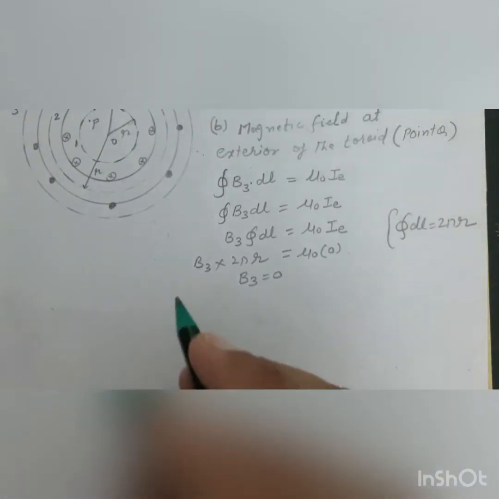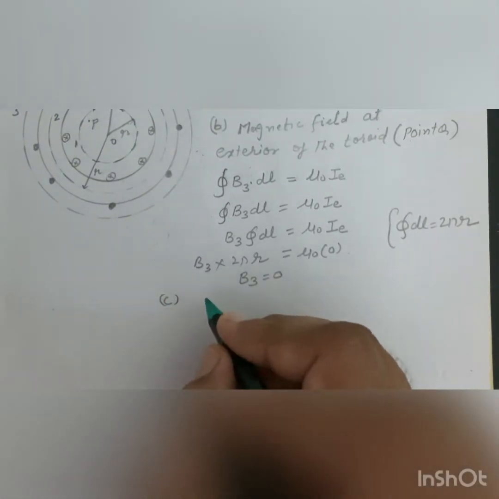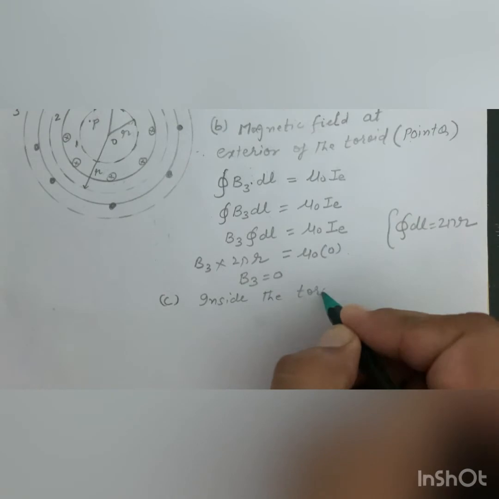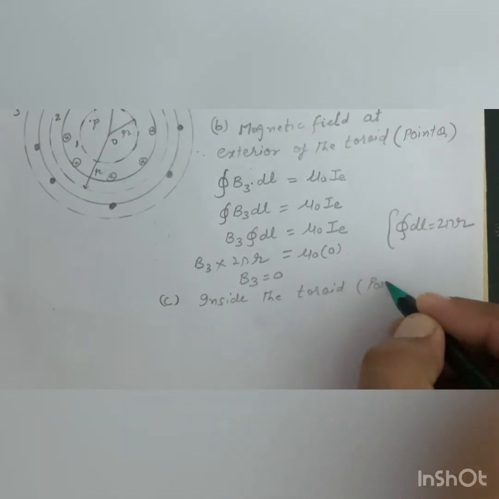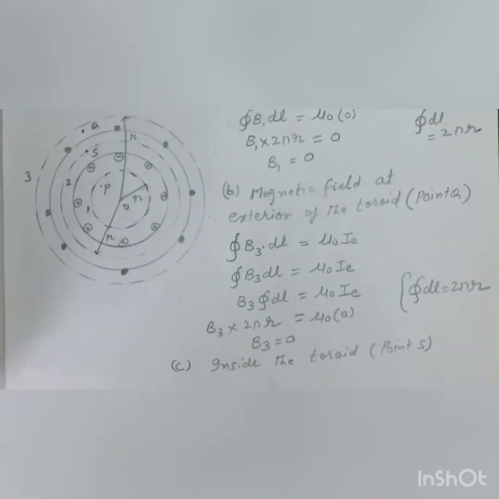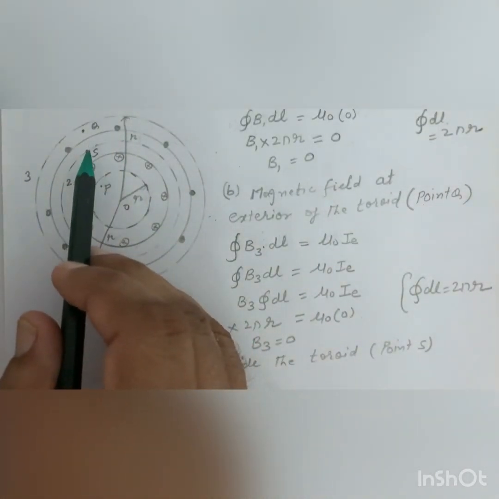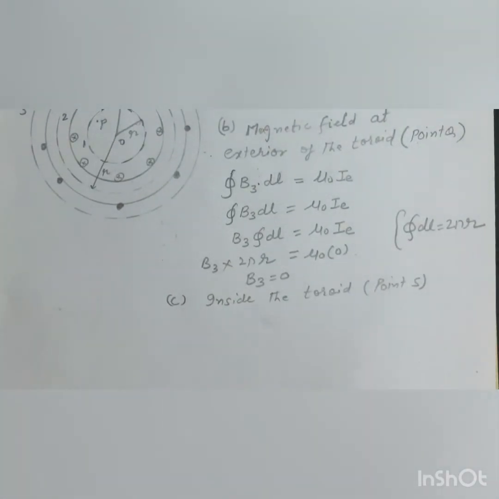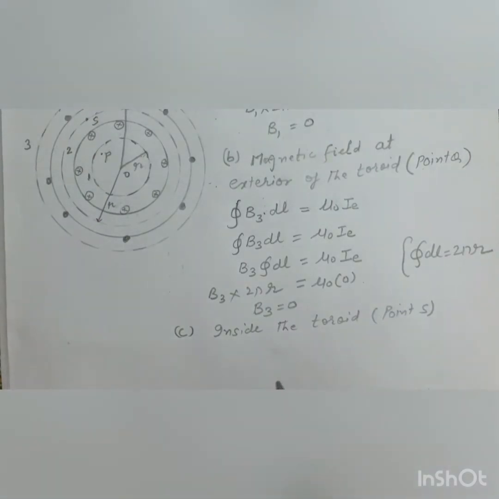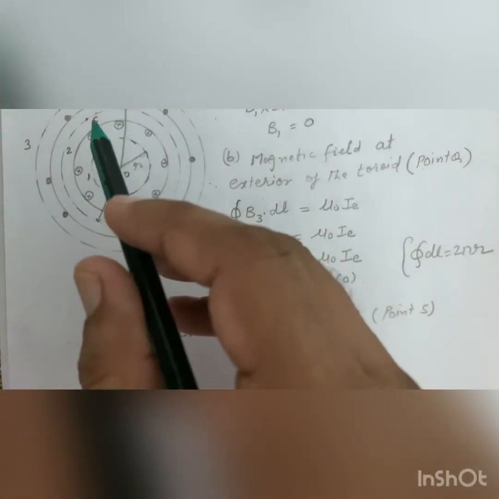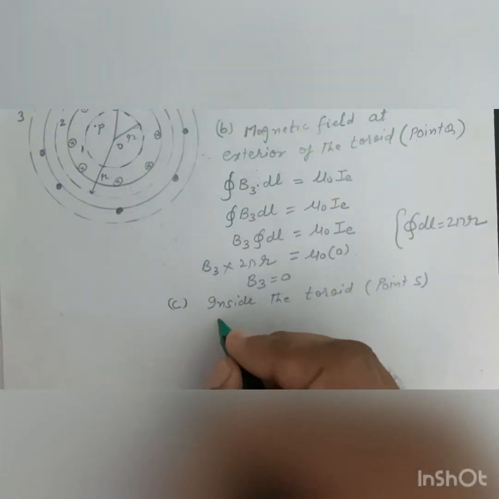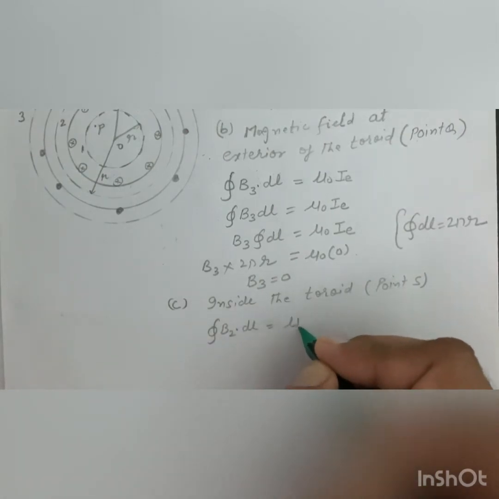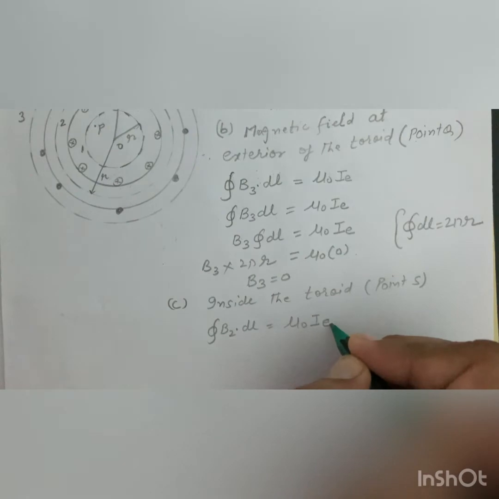Now we calculate the magnetic field inside the toroid, at point S. Here this is the point S. Now we again apply Ampere's circuital law. Here we have, say, magnetic field B2. So this is the Ampere circuital law: B2 dl equals mu naught I_E.